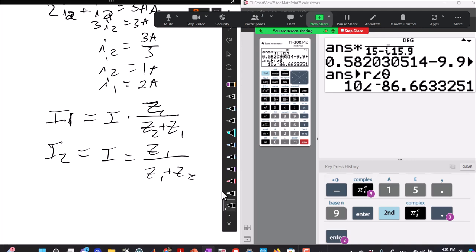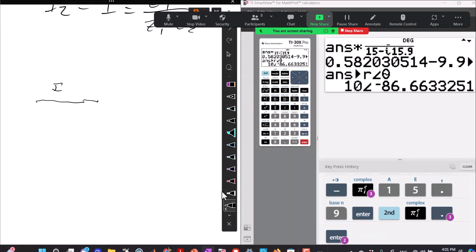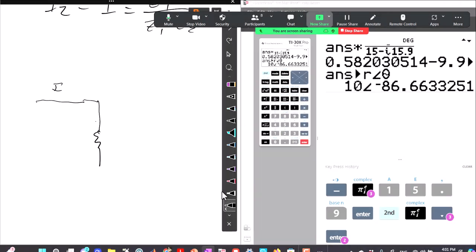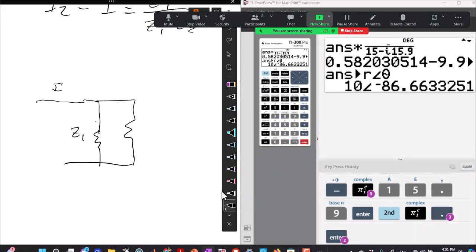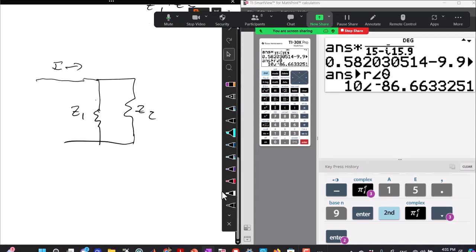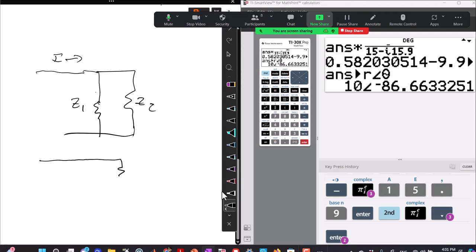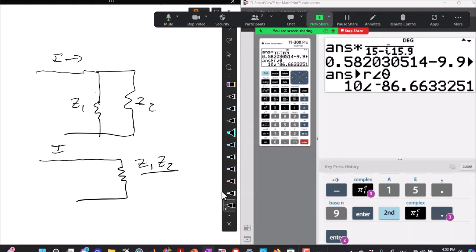Okay, but then you can also look at it another way. Let's say I have a current here, and this is I, and this current breaks up into 2 resistors, or 2 impedances. I know what the total current is, and I find the equivalent impedance, and this becomes Z1 Z2 over Z1 plus Z2.